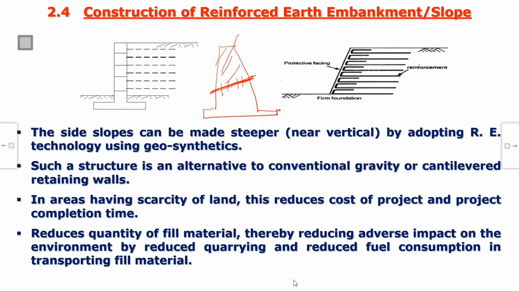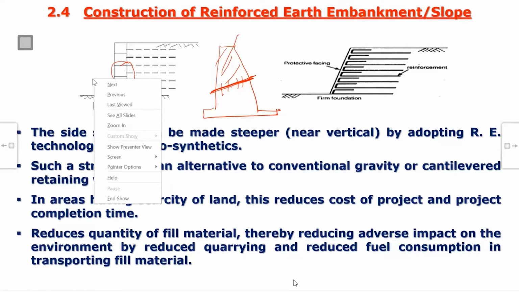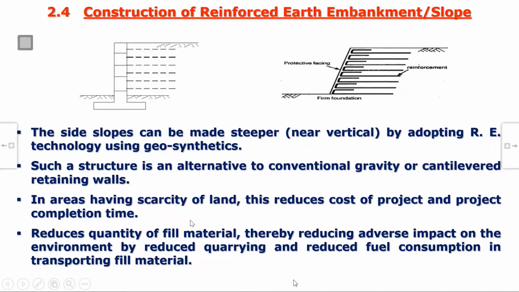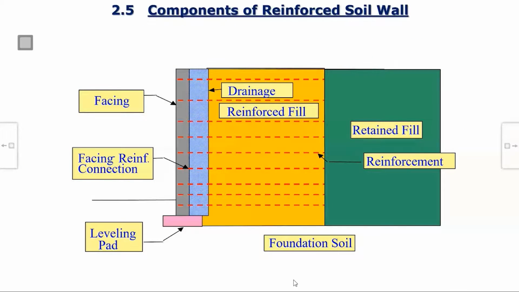Whereas in a reinforced earth wall, it is sort of a modular thing. If any component is affected, you just take out that component or maybe one near to it, and then you can repair it locally also. It is possible to repair it. So that's another advantage of using these structures as compared to a normal conventional gravity or cantilever retaining wall.